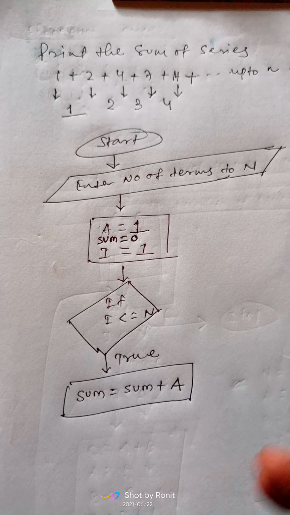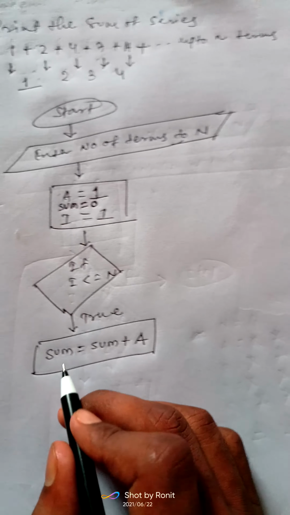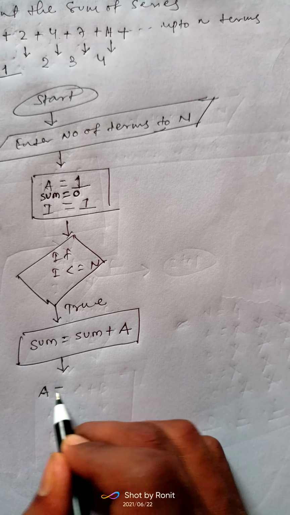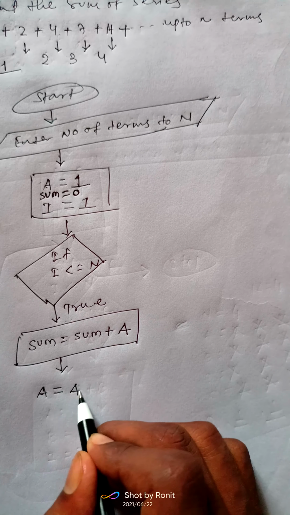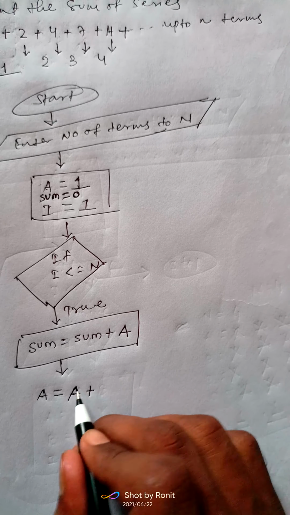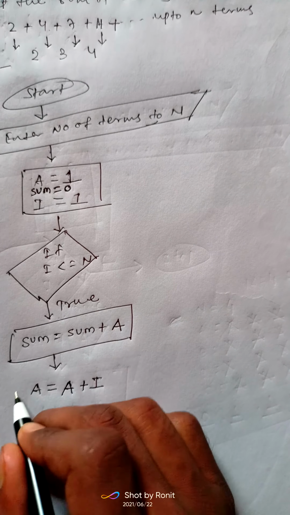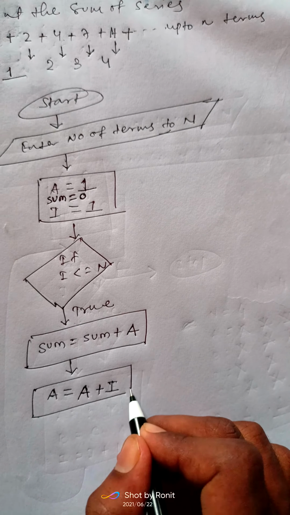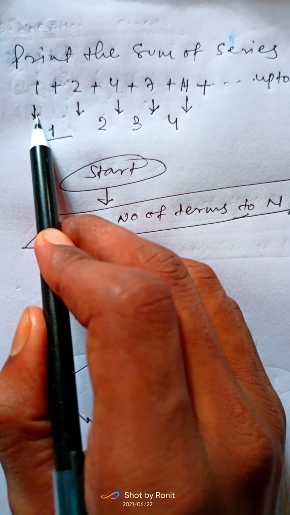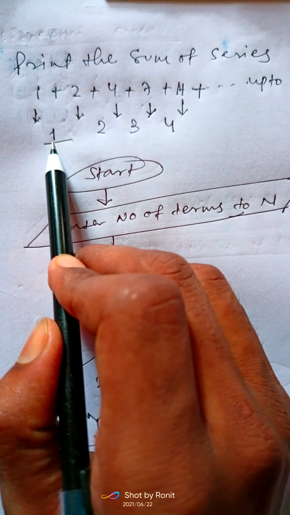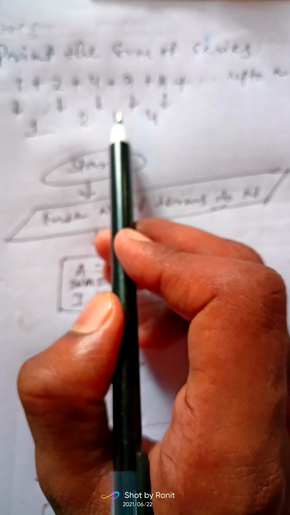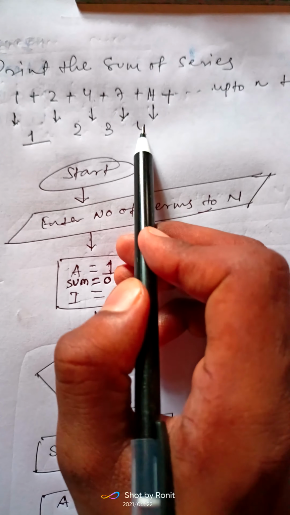Now what will be our next term? Our next term will be a plus that number of term, that is I, because we can see that the difference between first to second is 1, second to third is 2, third to fourth is 3, fourth to fifth is 4.